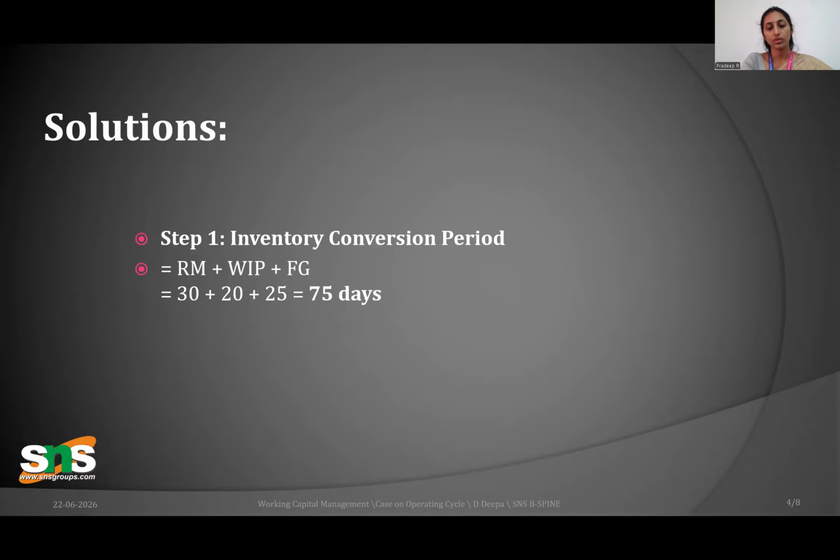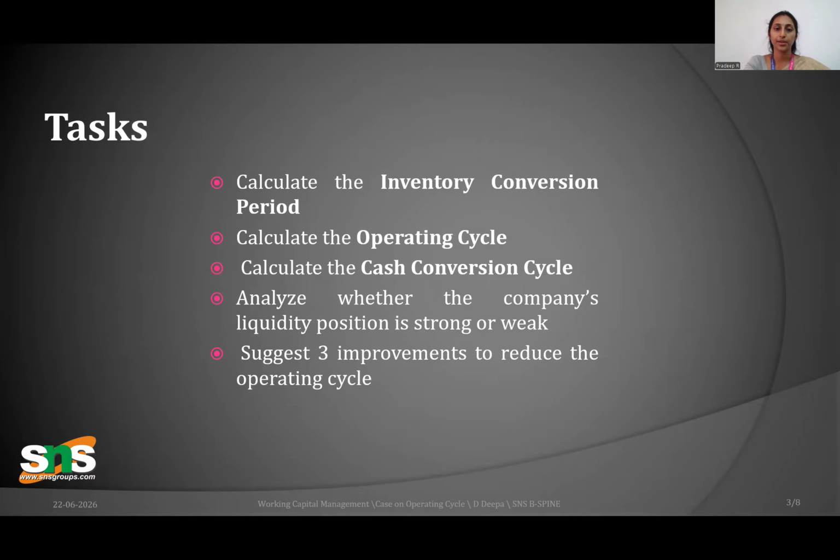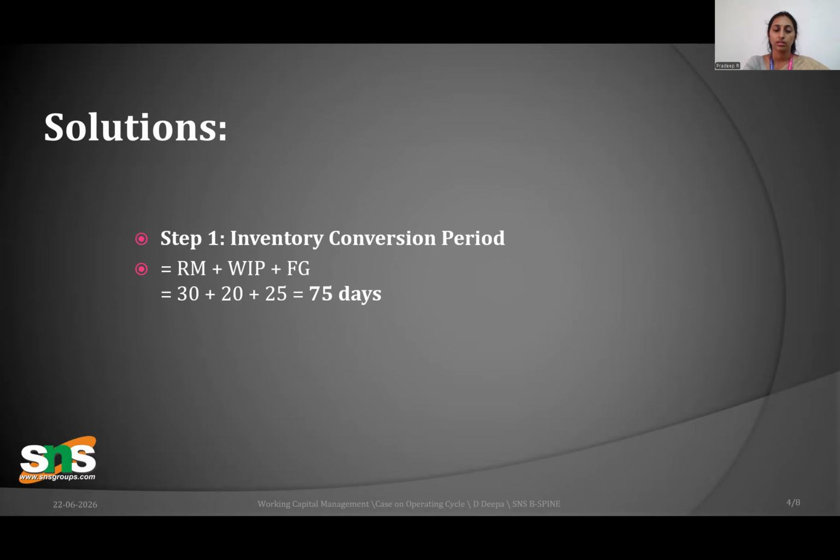What is the formula for inventory conversion period? Raw materials plus work in progress plus finished goods. Inventory is converting in all of these: from raw materials, work in progress, finished goods, everywhere inventory plays a role.